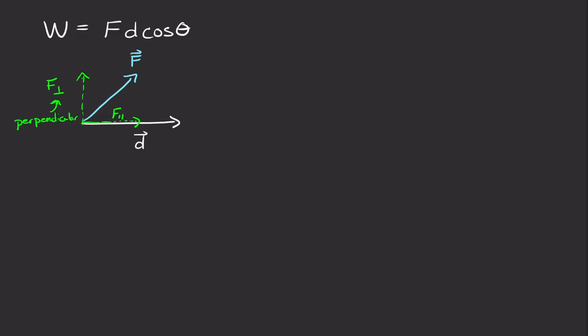And only this component of the force, so only the parallel component, is actually going to have any part in moving this object through this displacement. So the parallel component does work. Another way to say this is that if it's moving to the right, its velocity or its energy is increasing because it's moving to the right.